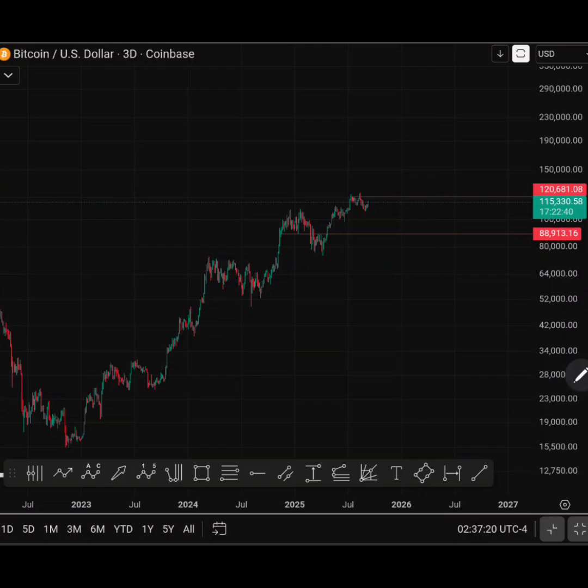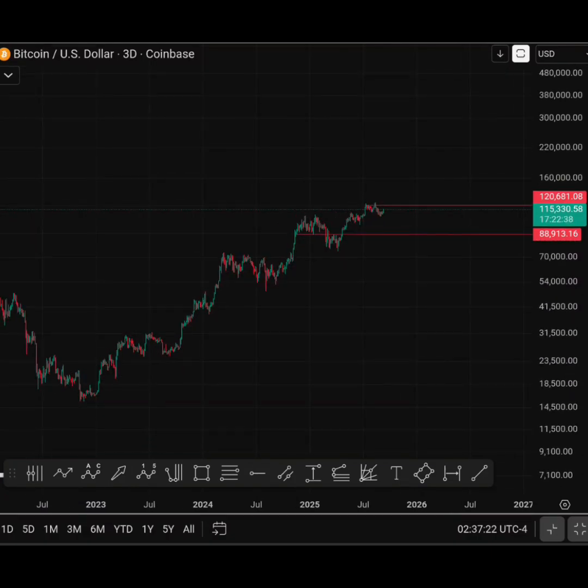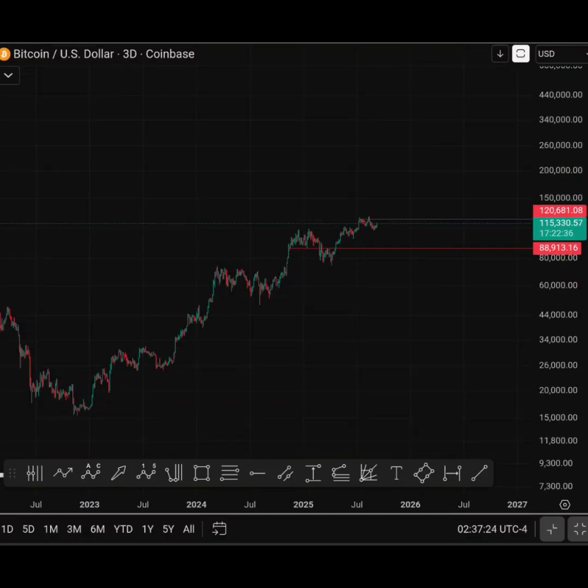So something to be open to for the next 4-year cycle low is a shallower retrace than expected.